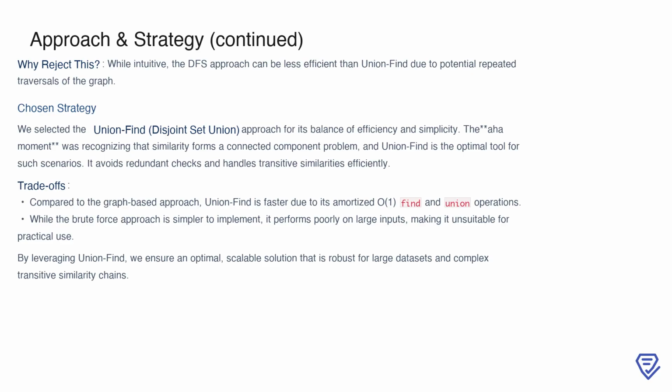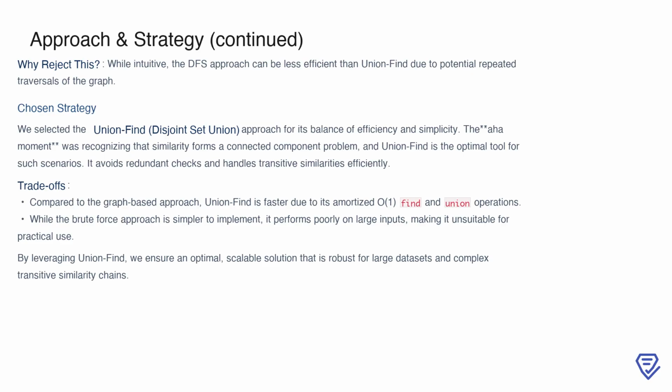Ultimately, the union find approach emerges as the most efficient and practical choice. It excels at handling transitive relationships and avoids the redundant checks that hinder the brute force and graph-based methods. The key realization here is that similarity forms a connected components problem, which is precisely what union find is designed to solve.